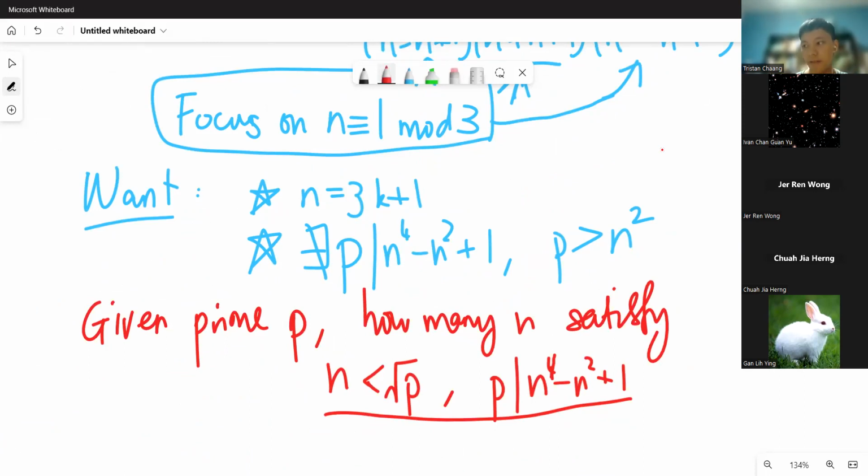So instead of fixing n, we now fix p and ask how many n fail. So does anyone have an idea how many n satisfy this? As I said, it's just a number, apparently. It's not in terms of p at all.